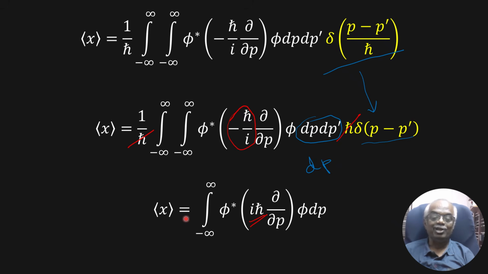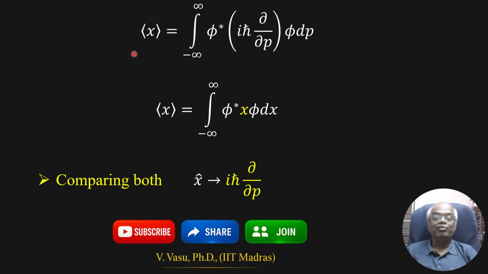Now we will see what is interesting in it. Finally we got this integration, that is the expectation value of x. The basic definition of the expectation value of x is the integral from minus infinity to plus infinity of psi star x psi dx. This integration is with respect to x, and this is with respect to p.